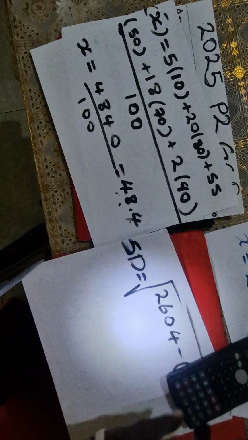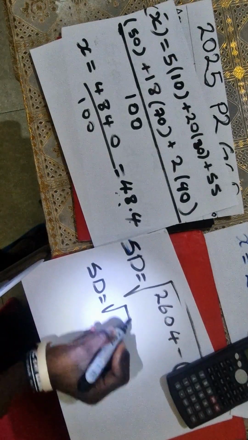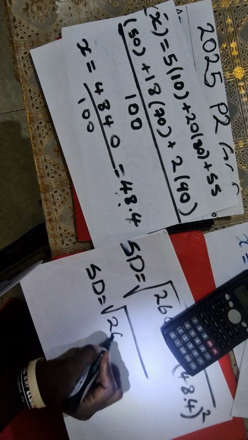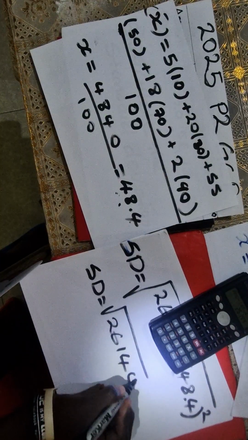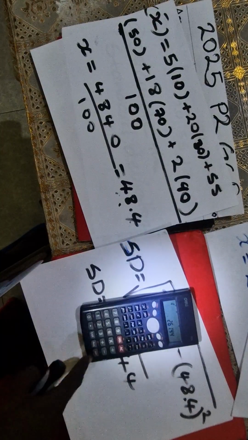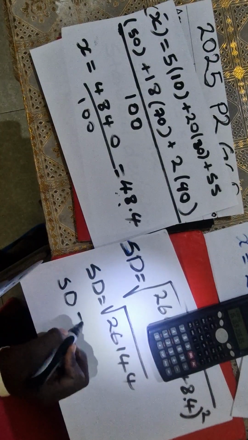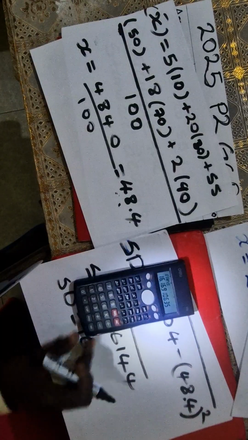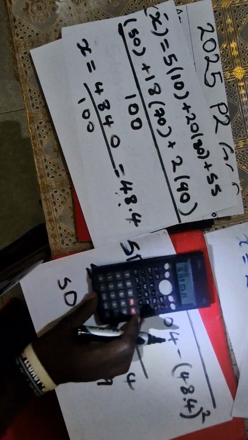So my standard deviation here is 144. Then I just go direct to my calculator and press square root. So my standard deviation will be 16.169.